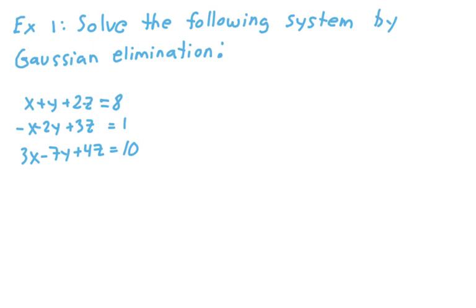Now this is what I want to do first. I want to write the augmented matrix that reflects this system. I'm going to construct a matrix as follows. I'm going to read off the coefficients of x, y, and z. In the first row, we're going to have 1, 1, 2.